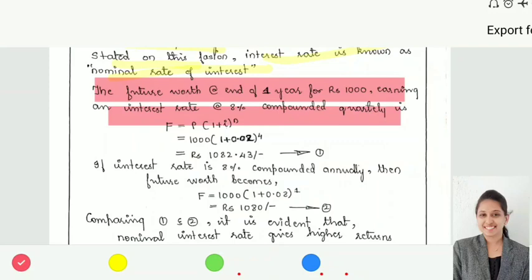We'll be using the same one. As it is 8% compounded quarterly, this is very important. Per quarter, it will become 2%, right? So it is 1000 times (1 plus 2 by 100) raised to 4.